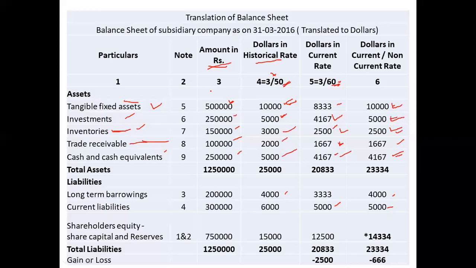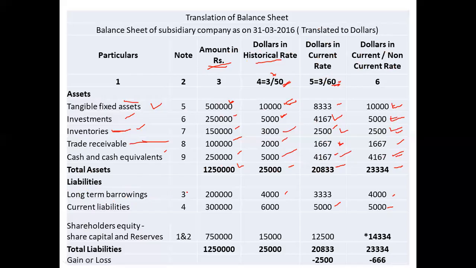Now the total assets: 2,50,000 rupees. Dollars at the historical rate, total assets are $25,000, at the current rate $20,833, and in current and non-current $23,334.